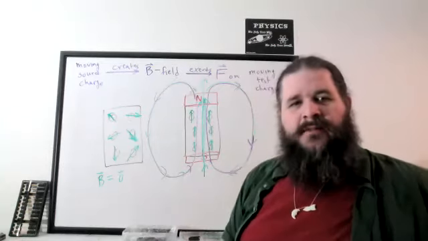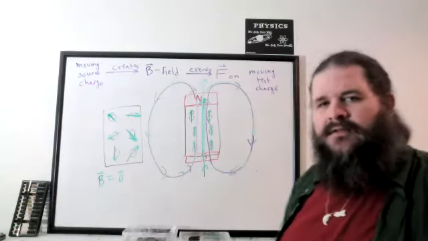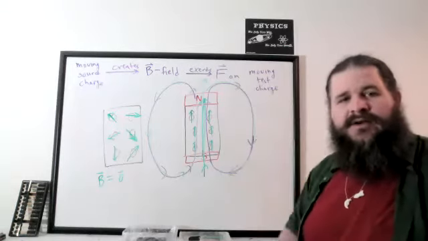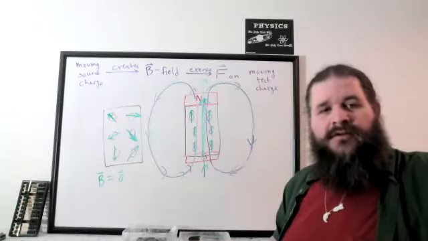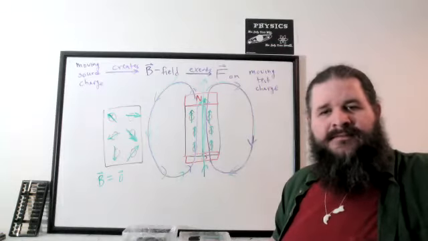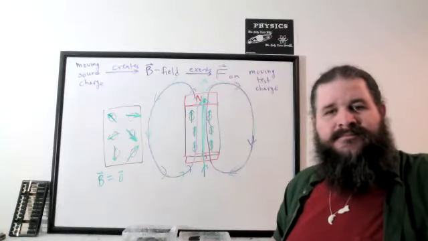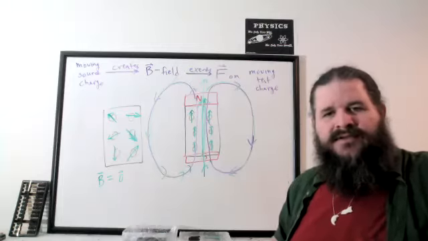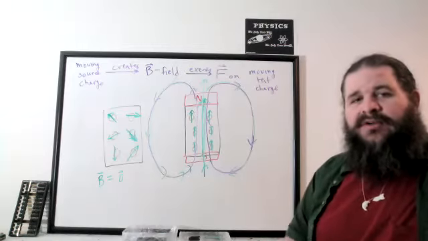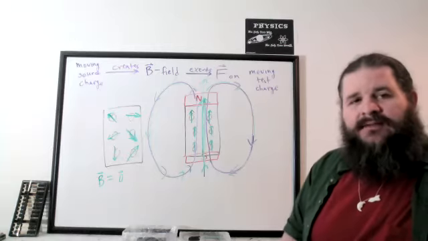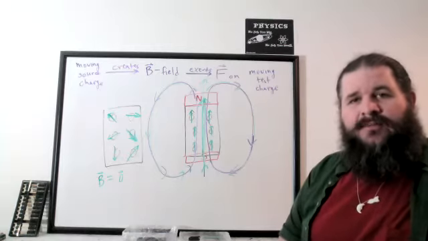How would you usually determine the direction of the magnetic field? Like if you know there's a magnetic field here and you want to determine what's the direction right here, what tool could you use to measure the direction of the magnetic field? Yeah, the compass. The right-hand rule can be useful for doing the calculations if you're trying to predict what direction the magnetic field will point under certain circumstances.